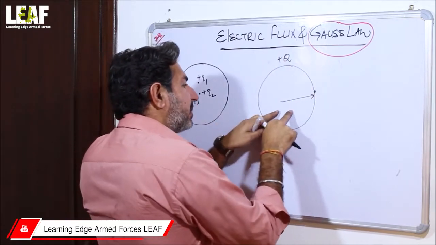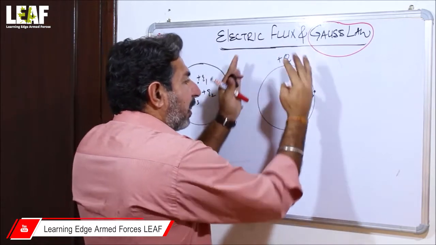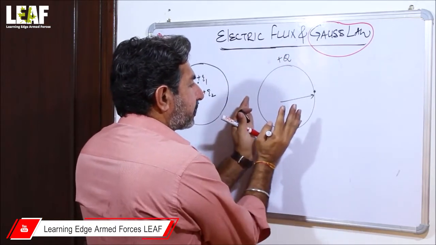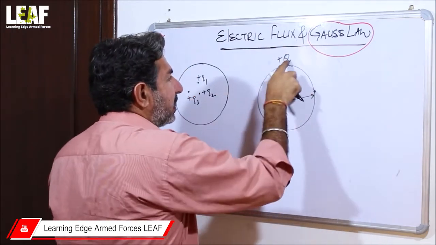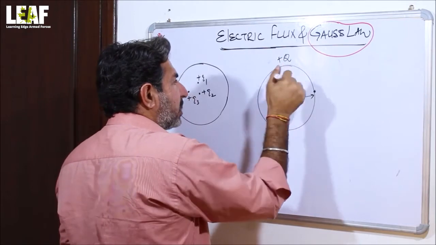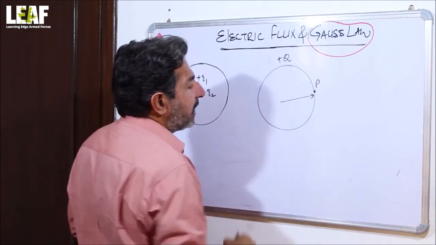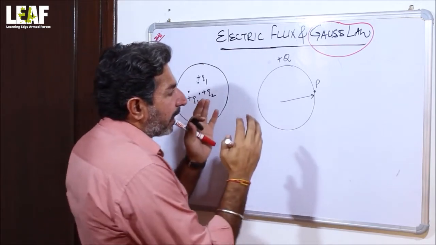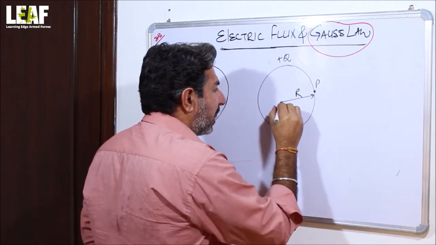Shell means there is air inside, there is air outside, just like a football. There is air inside the football and air outside the football, and there is a covering. So this is the metallic covering, and the charge Q is spread over this conducting shell, and we have to find the electric field intensity at this point having radius r.